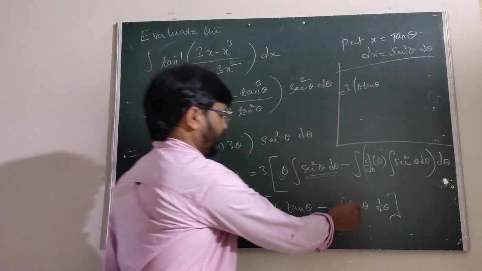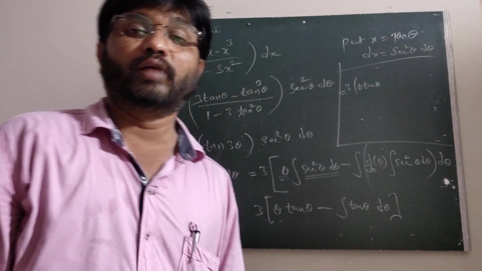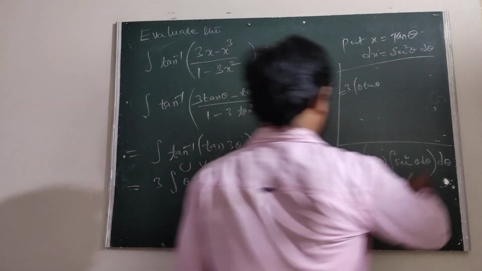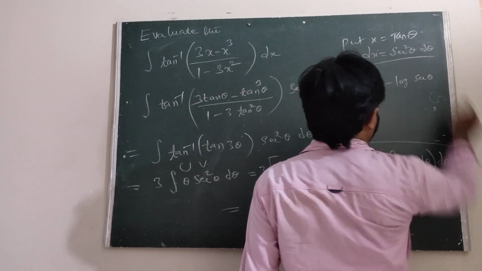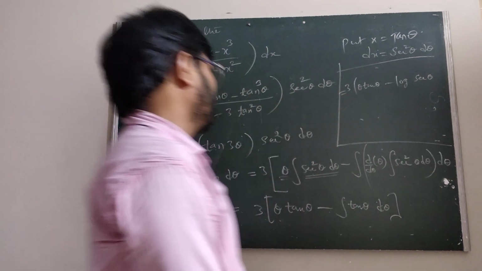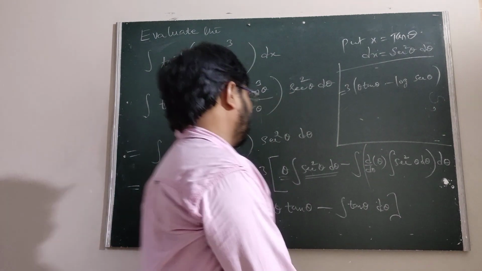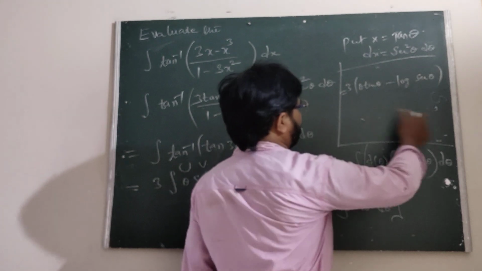We know that the integral of tan theta is log mod of secant theta. What is the integral of tan theta? We know that it is log mod of secant theta. This is minus log mod of secant theta.